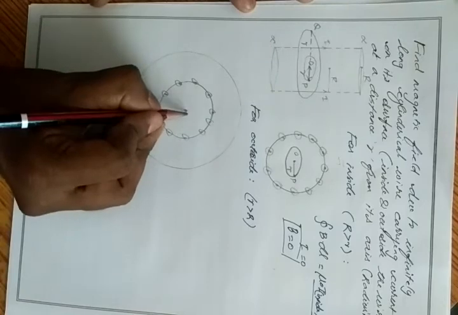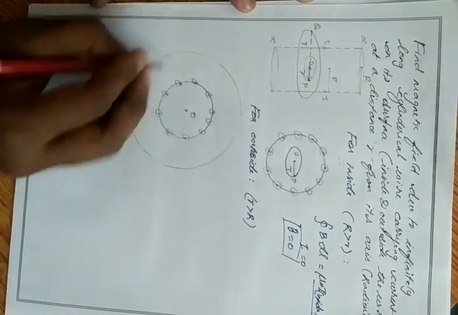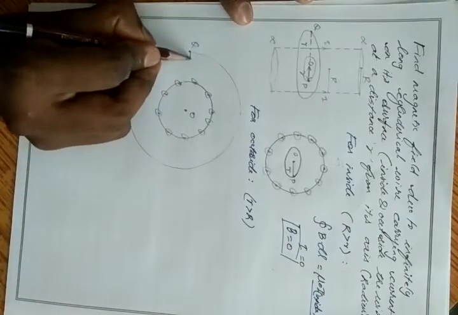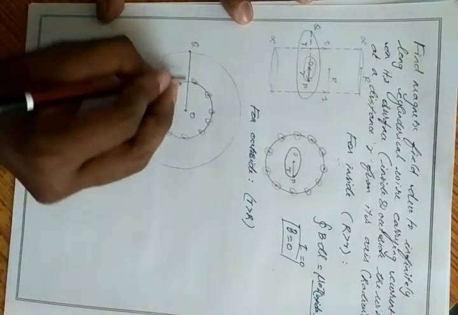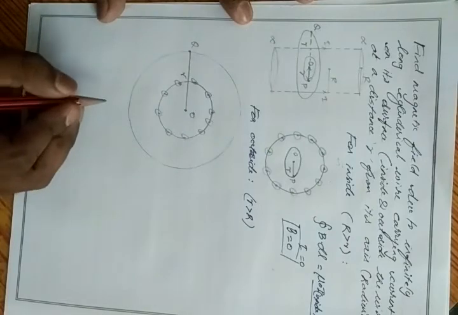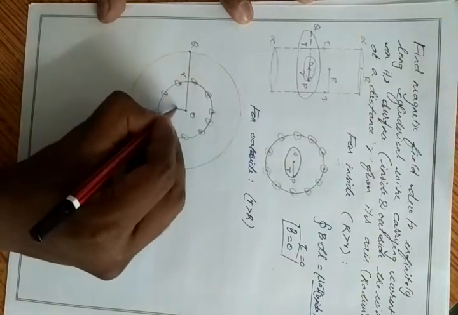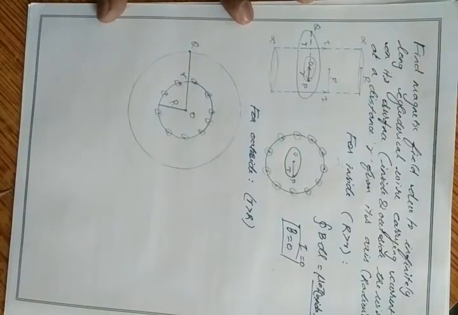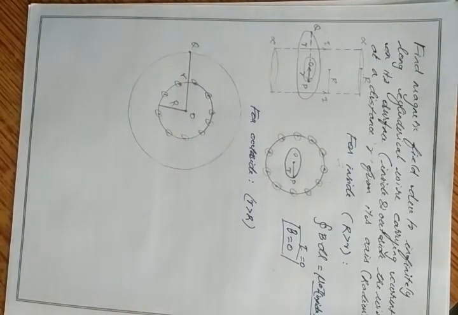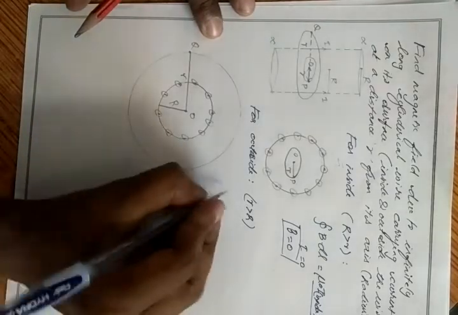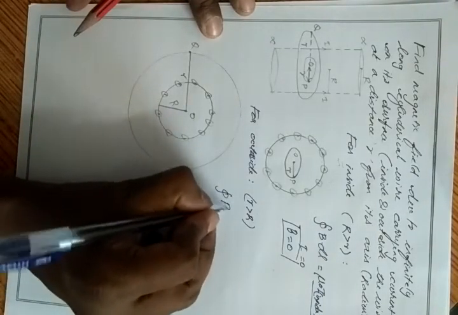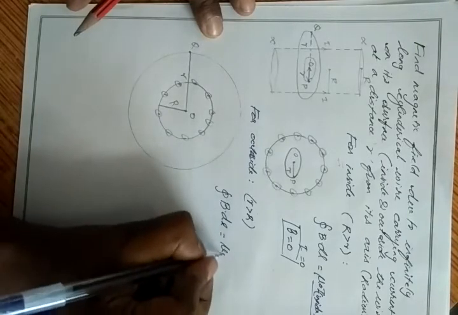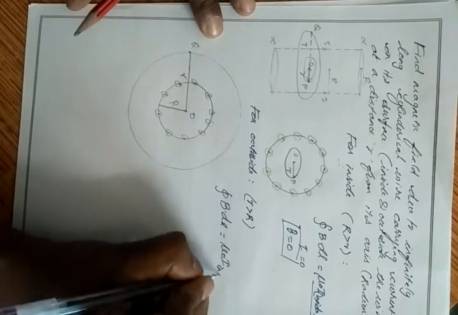I get a point from O to Q. I consider this distance as small r, and I know the radius of the cylinder is taken as capital R, right? So for this I have to apply Ampere circuital law: closed integral B dl equals mu naught I inside.